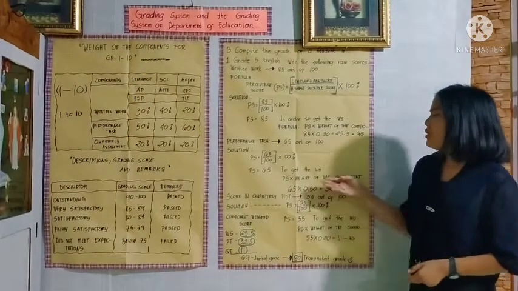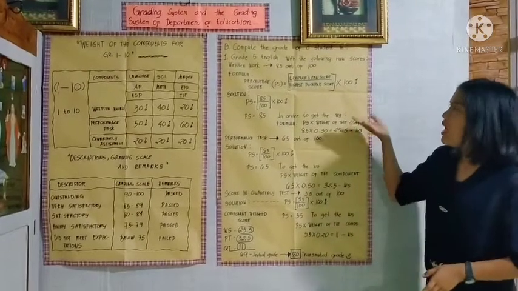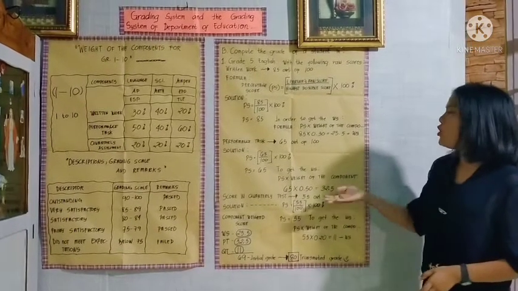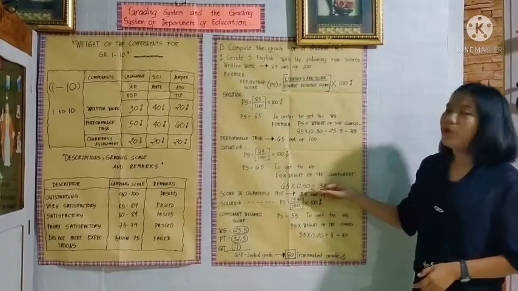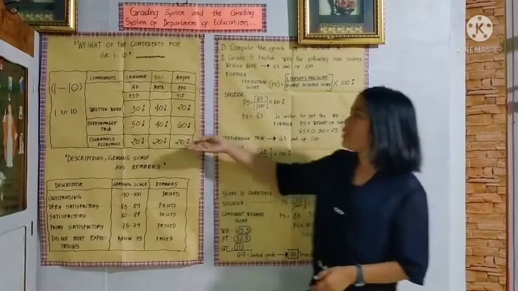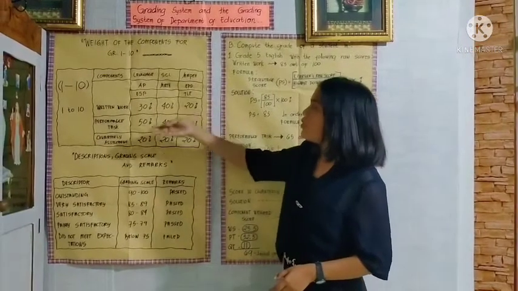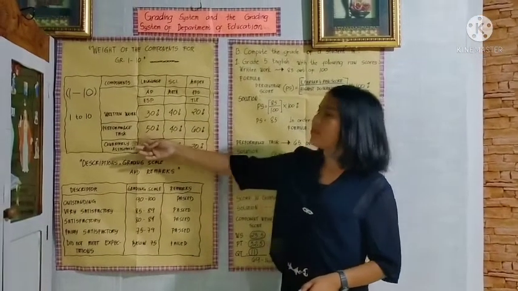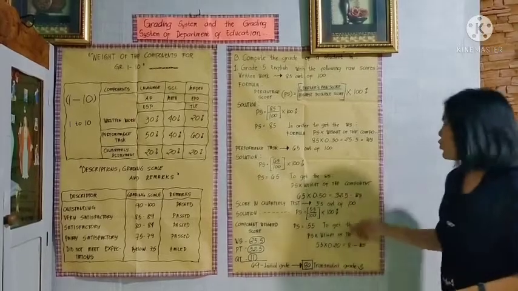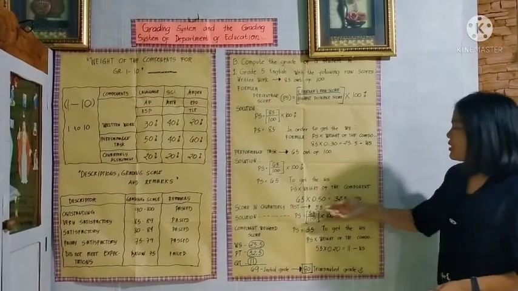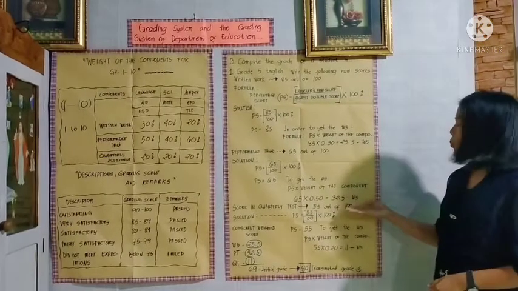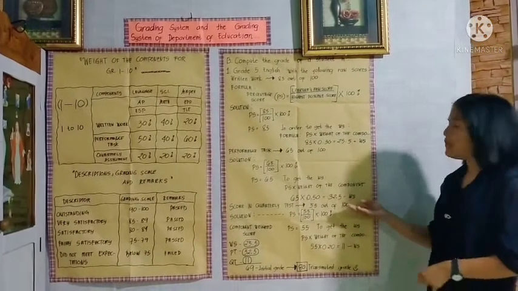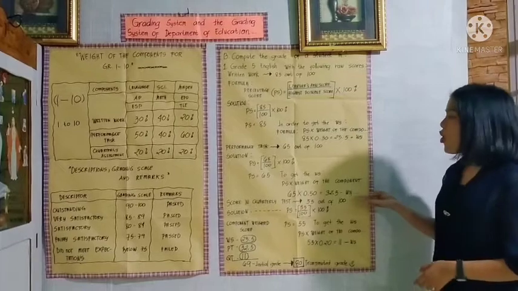To get the weighted score, same process as with written work, we multiply the percentage score by the weight of the component. In language, the corresponding weight is 50% for performance task. So we multiply 65 times 0.50 equals 32.5. So 32.5 is the weighted score.